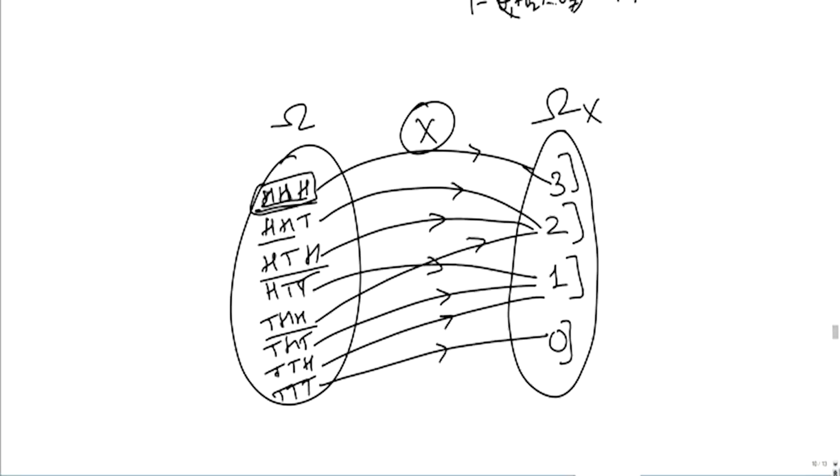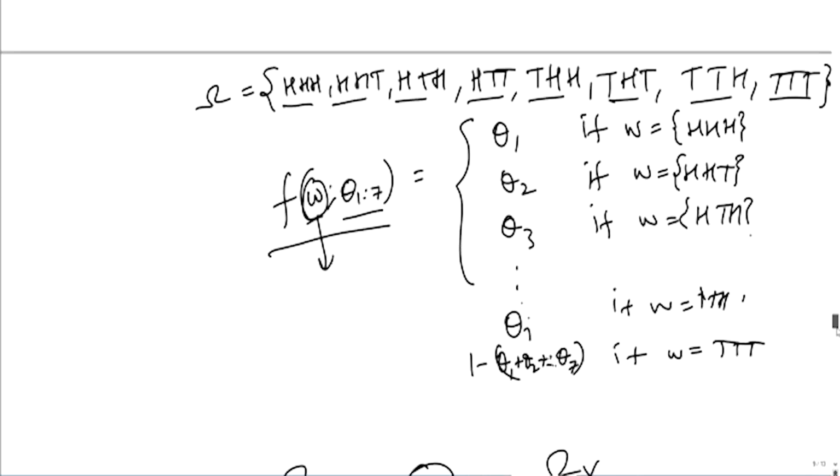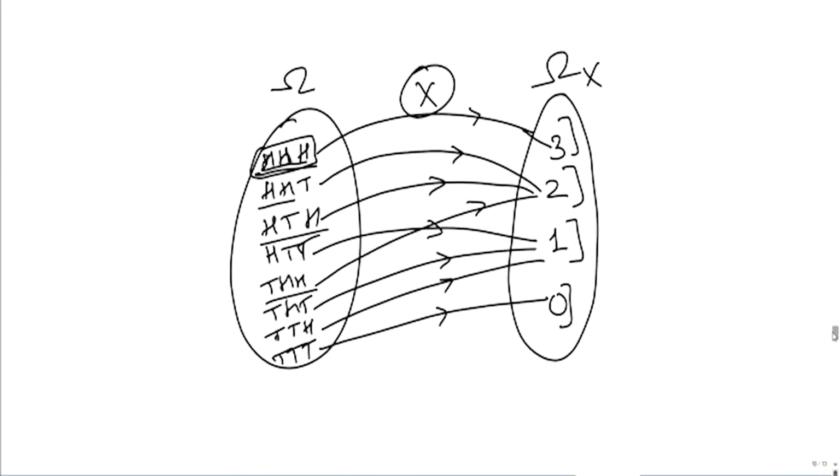What this function is doing is that it basically maps your sample space to another space, omega X, which is numerical and convenient for defining probability assigner functions.